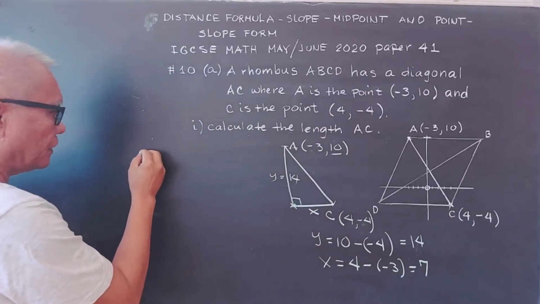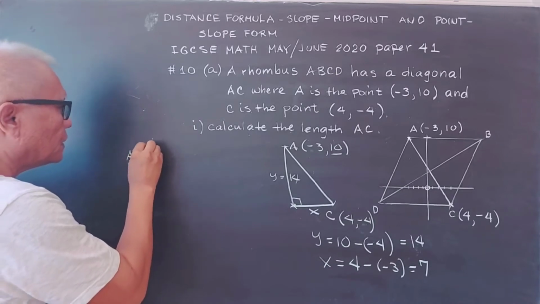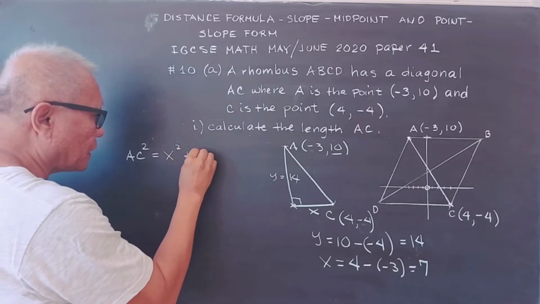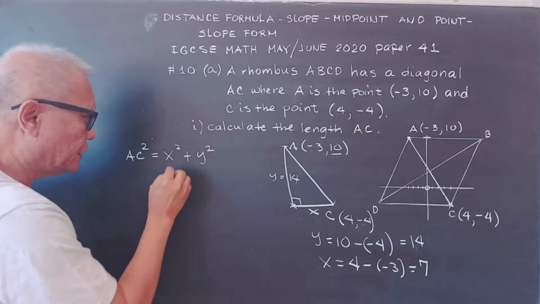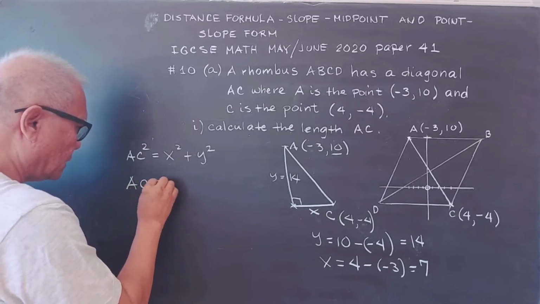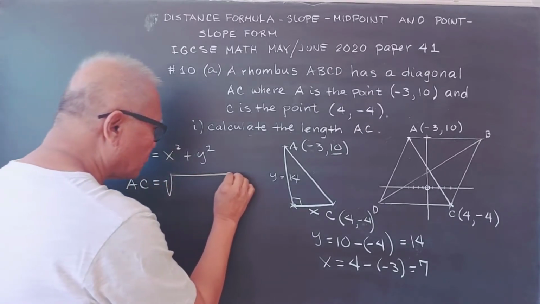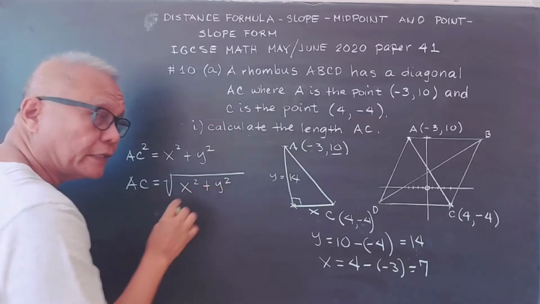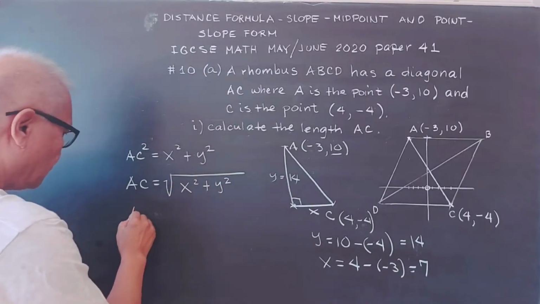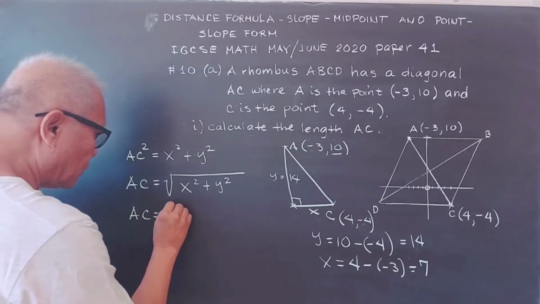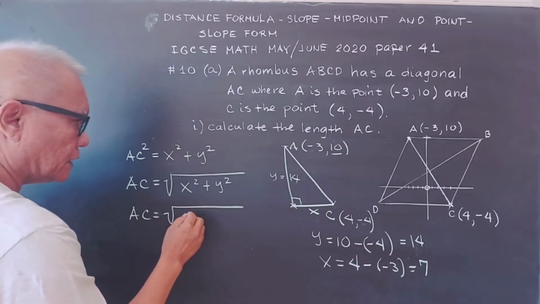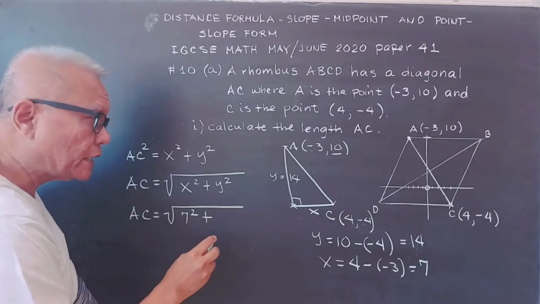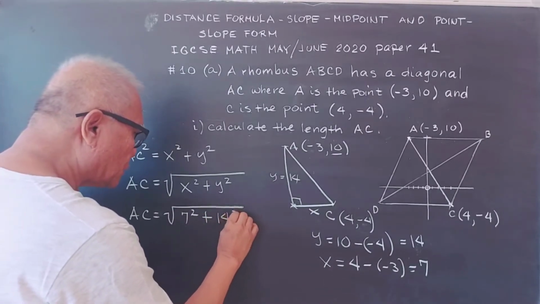So we have here AC squared is equal to x squared plus y squared, and AC is equal to the square root of x squared plus y squared. And solving for AC, it is equal to, our x is 7 squared plus y is 14 squared.